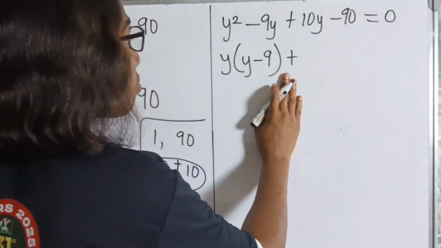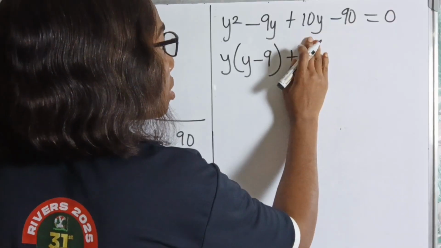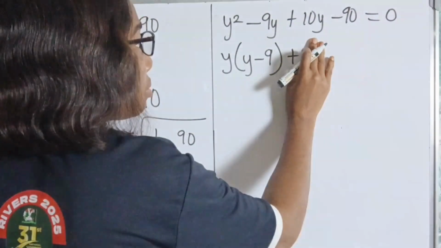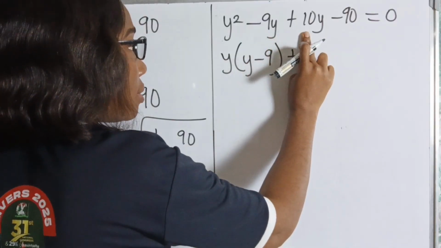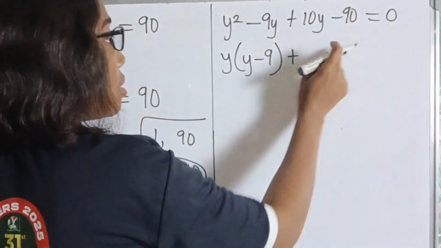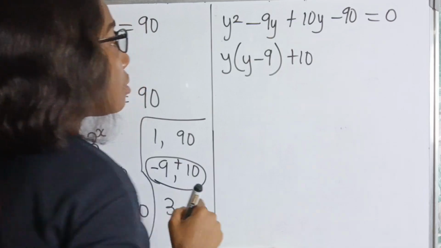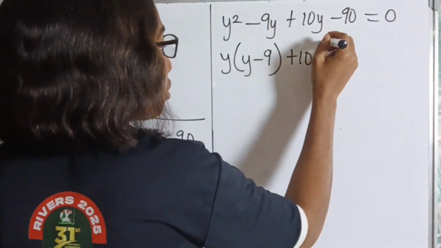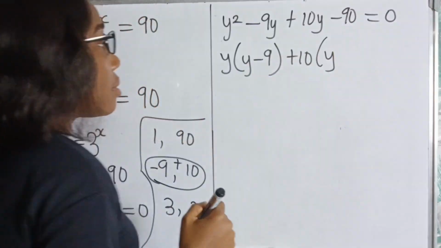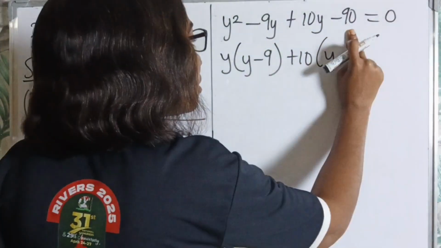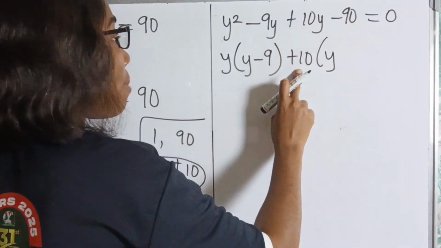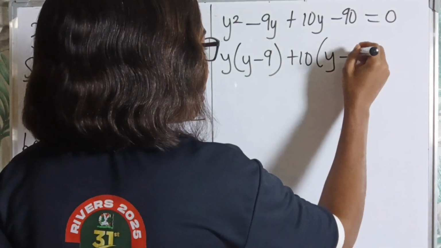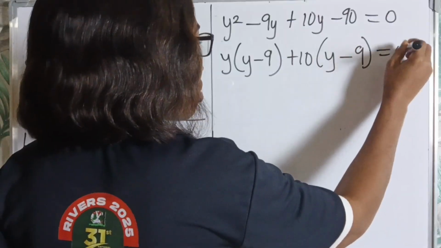Plus sign. Now let's see, what do we have common between these two? 10 is common because we have 10 here and we also have 10 here. So I bring my 10 down here. 10y divided by 10, you're going to have y left, and minus 90 divided by 10, you're going to have minus 9, equals 0.